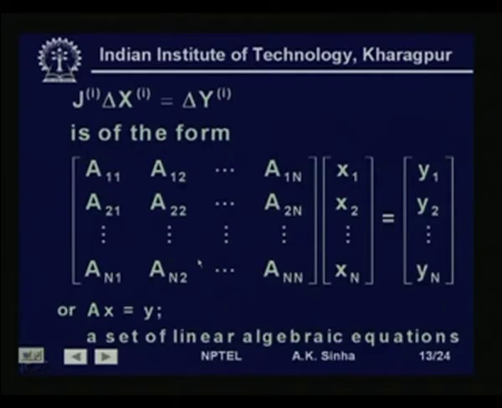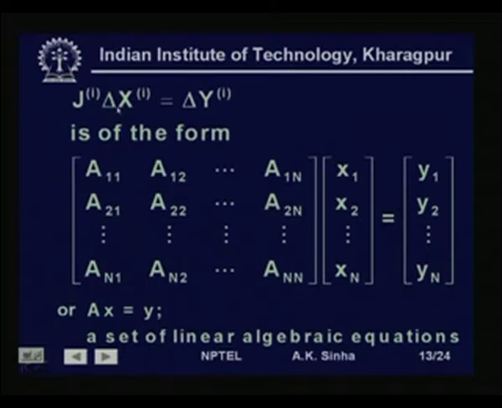Now, if we look at this equation, J I delta x I is equal to delta y I, it is of the form A x is equal to y, where A is this matrix J. Instead of J, we are writing it here in a general form. This is of the form A, which is an n by n matrix.